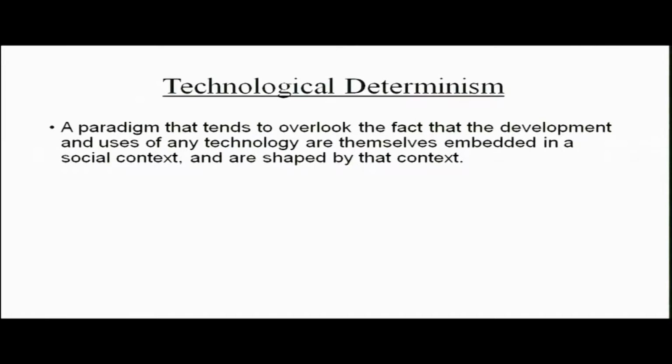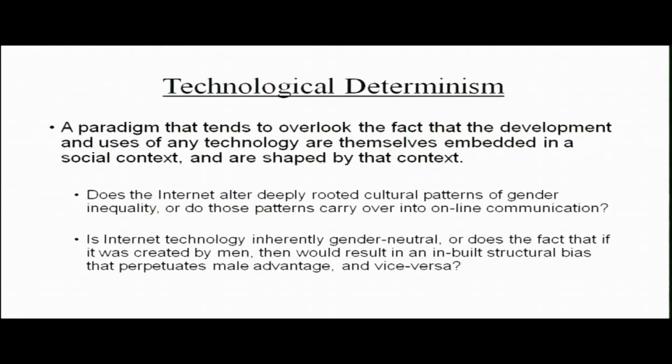A technological determinism paradigm is one that extracts out the social context from its understanding, and technology is looked at in totality. The social context is actually not highlighted.